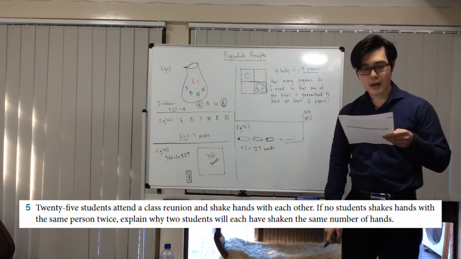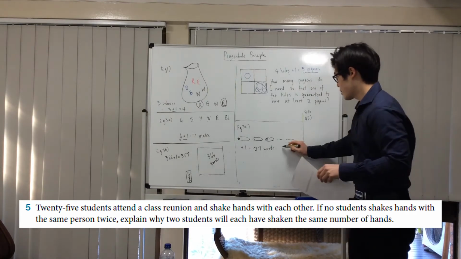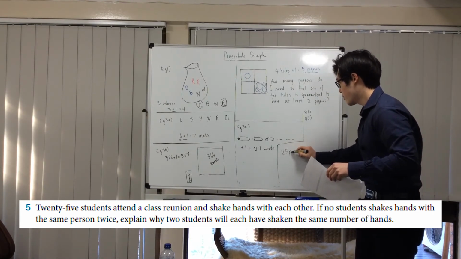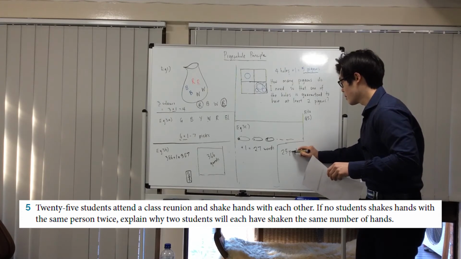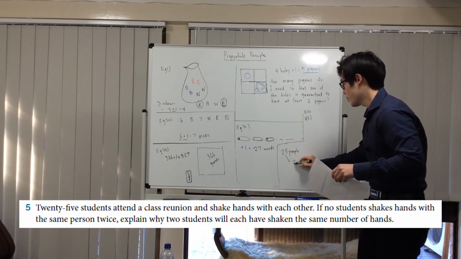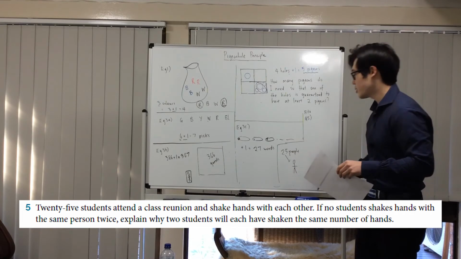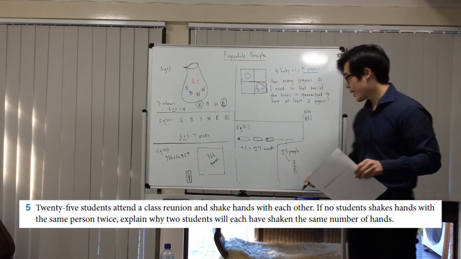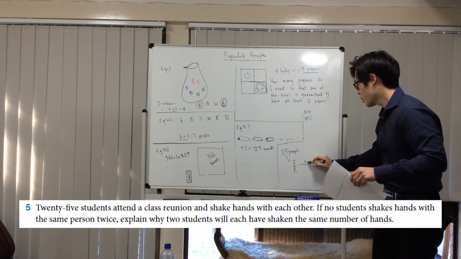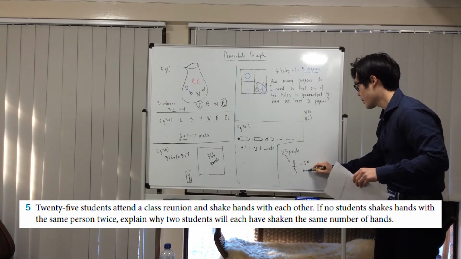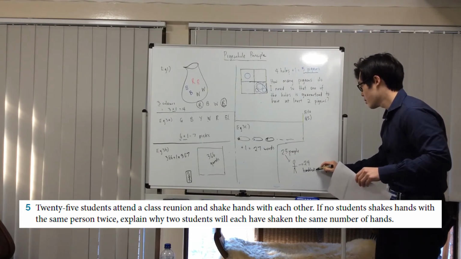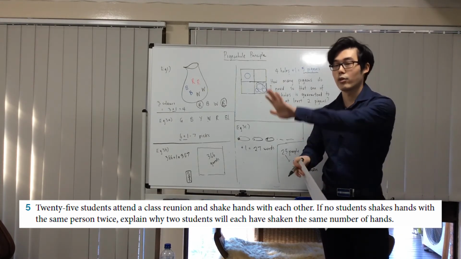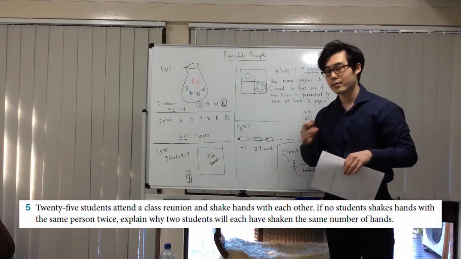All right, so to start this question off, girls, out of the 25 people, let's take one person out. How many handshakes will one person make? The answer is 24 handshakes, because you're not going to shake your own hand. You're shaking 24 other people. So that's how you set this question up.